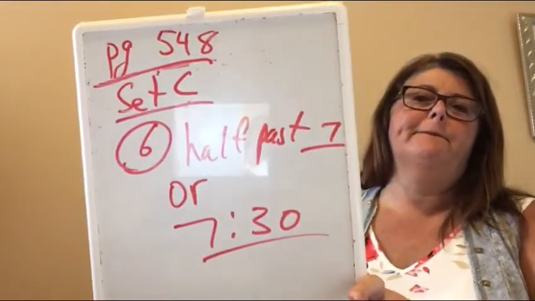So now we are half past the hour. So it is 7:30. When we say something is half past, the minute hand is on the 6 and it is half past.